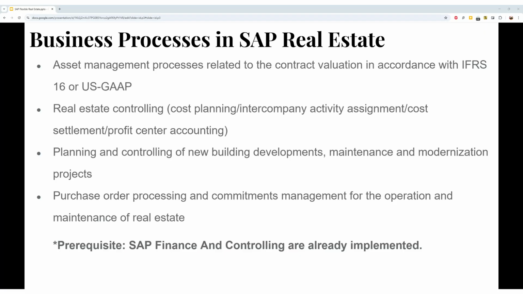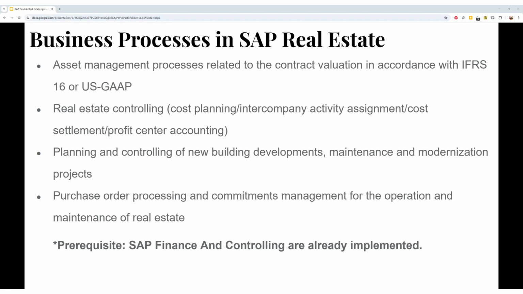And you can do a very rough cut planning of how much cost is going to be incurred on a certain building erection, and you can track those expenses, you can book timesheets, you can do the procurement against it. And the maintenance of the building and the modernization project, like I just discussed before.